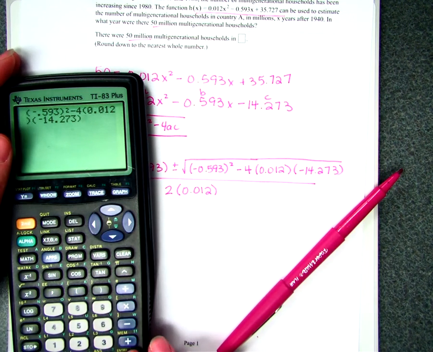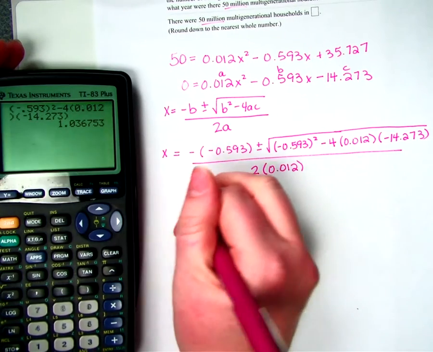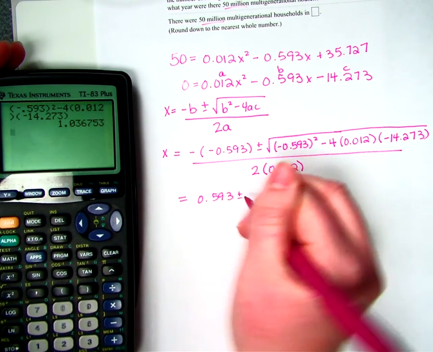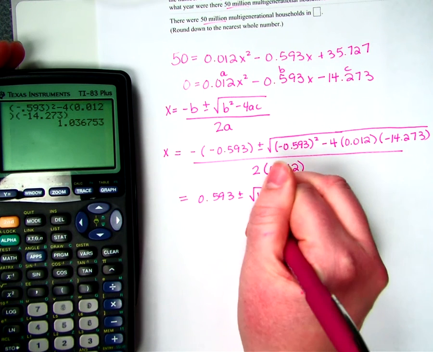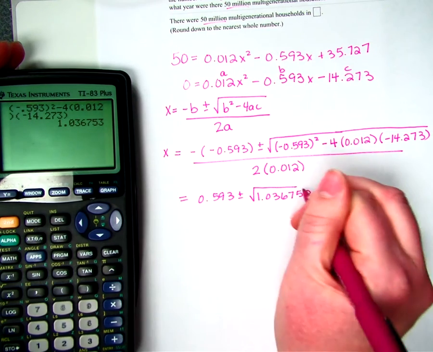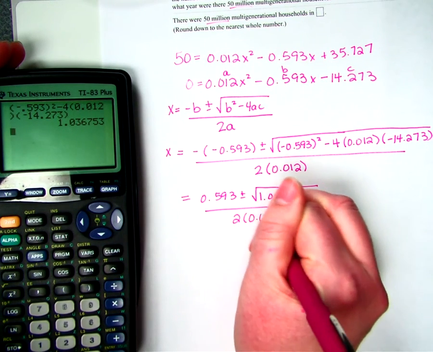So everything that's underneath the radical sign is in my calculator. So I get that x is equal to 0.593 plus or minus the square root of 1.036753. And don't forget, this is all over 2 times 0.012.